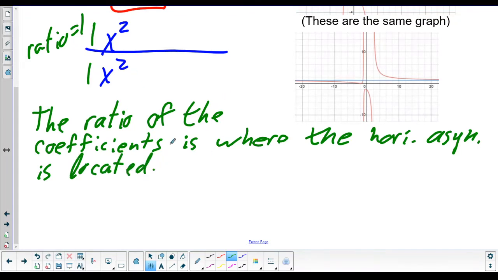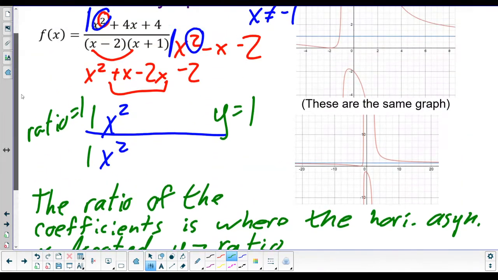Okay. And the way we get the equation, because that's what it's going to ask you for on your homework, is it's always going to be y equals the ratio. So this one is going to be y equals 1 is our horizontal asymptote.